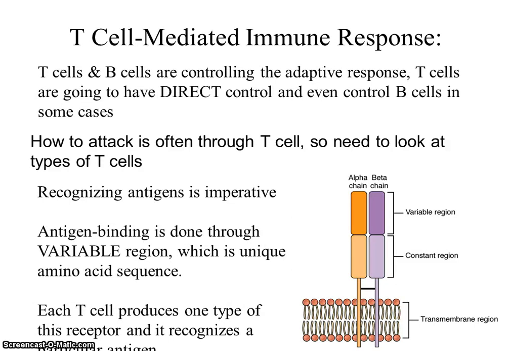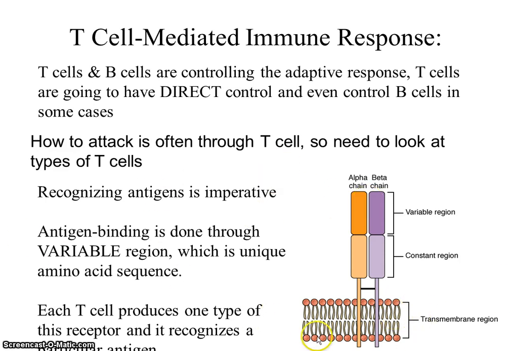So looking at the T cell specifically, but reminding you again that B and T cells are controlling the adaptive response, T cells have a direct control and can even control the B cells. So we're going to look at the T cell mediated immune response here. How to attack is often through a T cell, so we need to look at the types of T cells. Recognizing an antigen is the most important thing, right? You have to know that this is a problem.